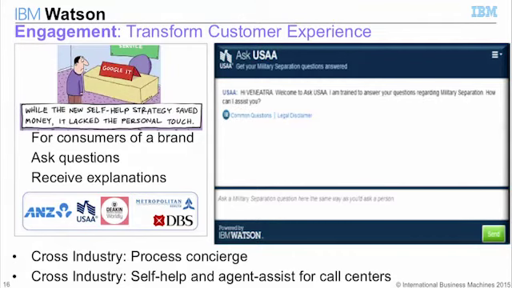One of the other use cases is something I call a process concierge or a virtual assistant, where you train the system to take somebody through a task and on the way answer questions. Things like commerce, buying things.